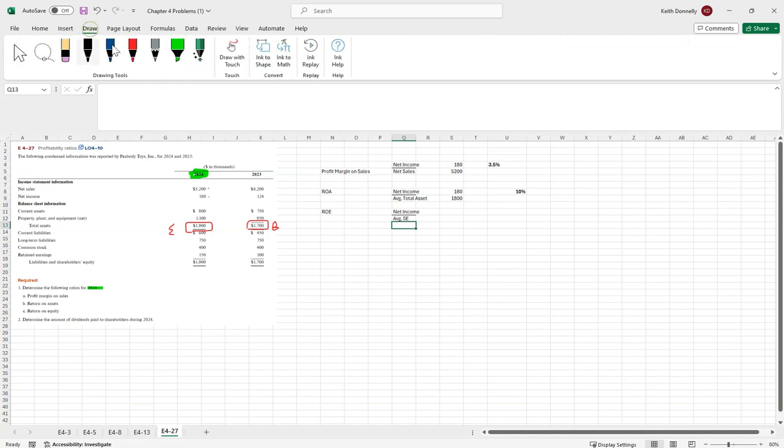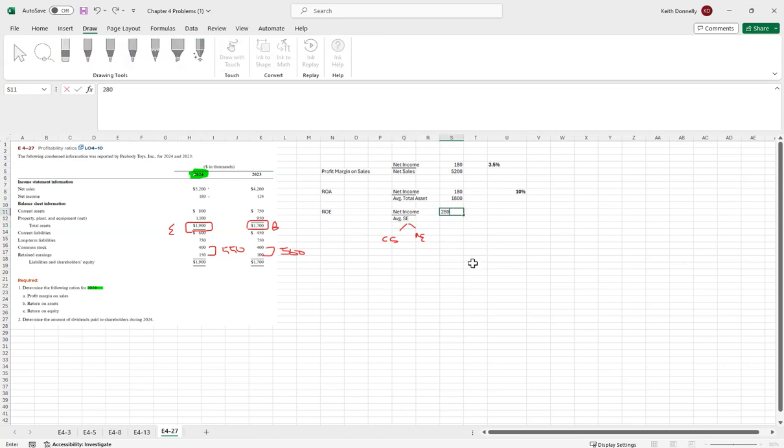Again, if we're dealing with average, remember, that's beginning plus ending divided by 2. Here, for shareholders' equity, they're not giving us exactly, but if you know stockholders' equity, it's broken out between common stock or APIC and retained earnings. So we're going to sum these two. Beginning is 500, ending is 550.